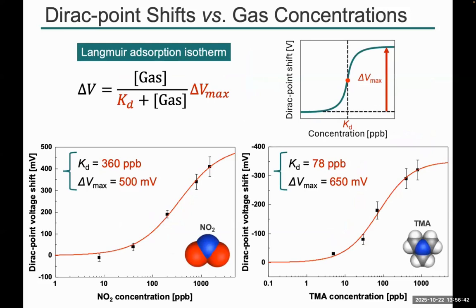Here is the experimental data of this study. As you can see, our experimental data were fitted by the Langmuir adsorption isotherm, and K_D and delta V max were calculated as shown in this figure.